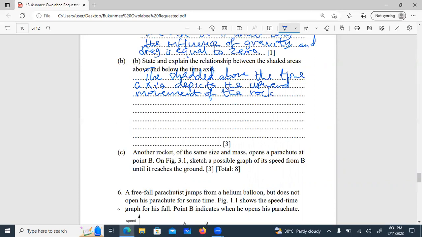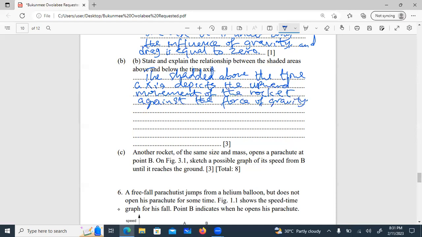And at that time, the rocket is moving against the gravitational field of the Earth, or we say against the force of gravity.